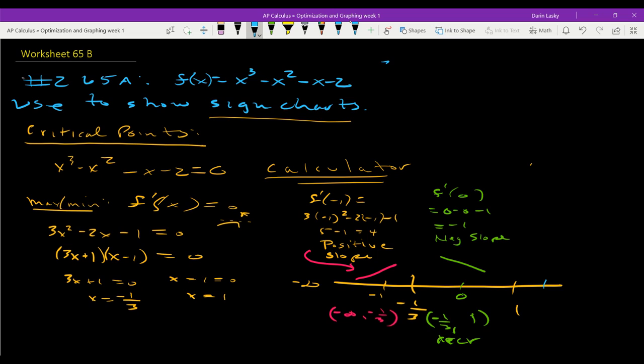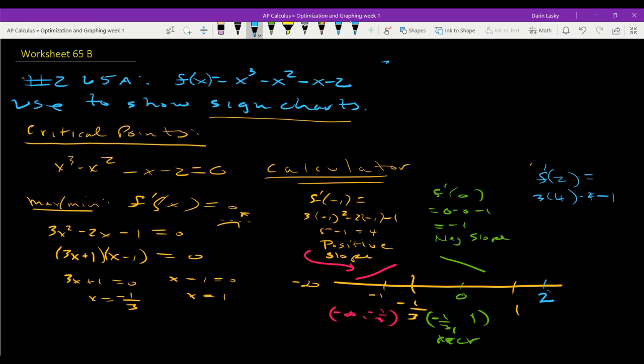All right, so I'm going to go over here and I'm going to pick 2 because it's a nice whole number. So on this side, I'm going to do f prime of 2. And so f prime of 2 is going to be 3 times 4 minus 4 minus 1.